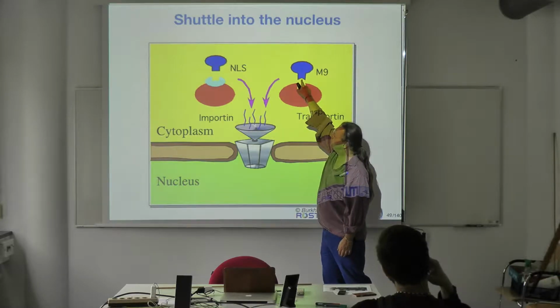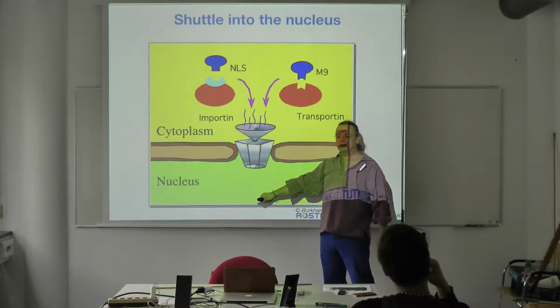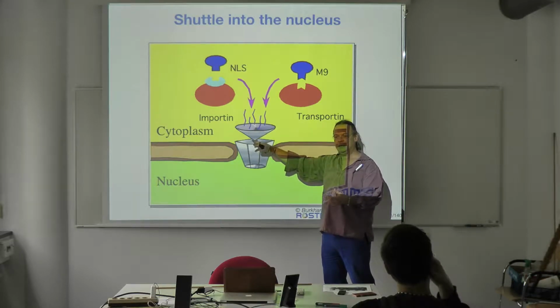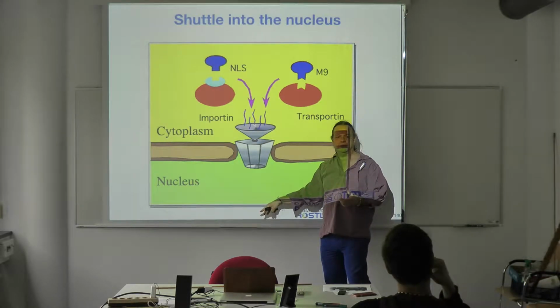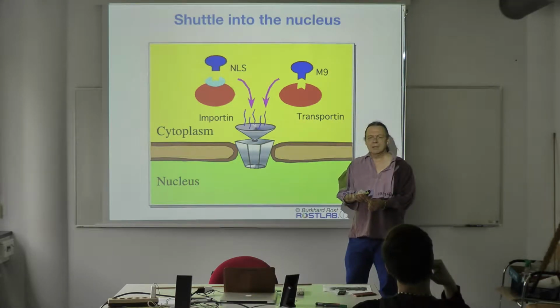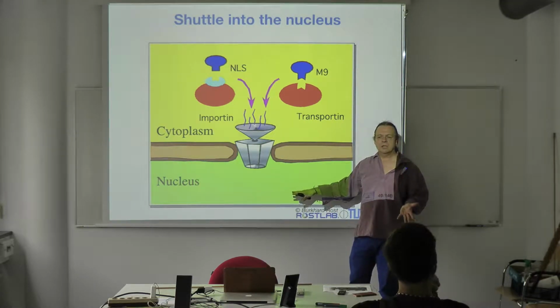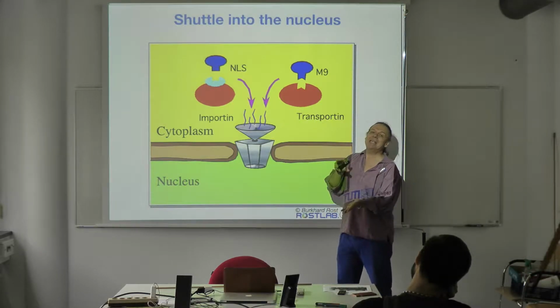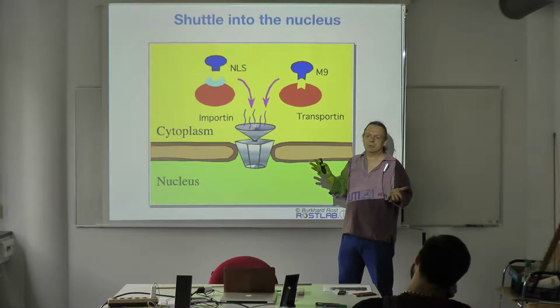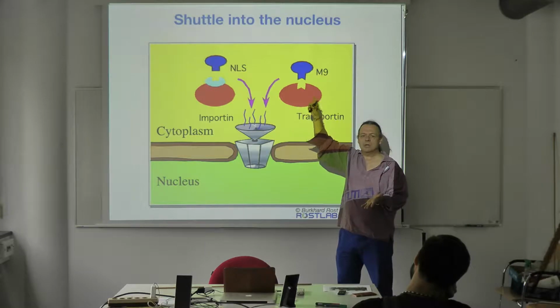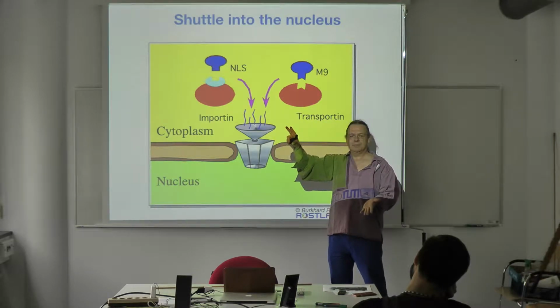They bind to this motif, bring the protein through the pore, the hole in the nuclear membrane here, import it into the nucleus, and then let go. So the importins and transportins go away. The protein does whatever it has to do in the nucleus. And sometimes there's another protein, an exportin, that exports the protein and recognizes the same nuclear localization signal to bring them out. Okay?